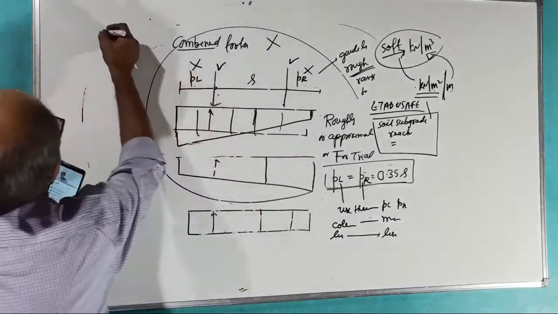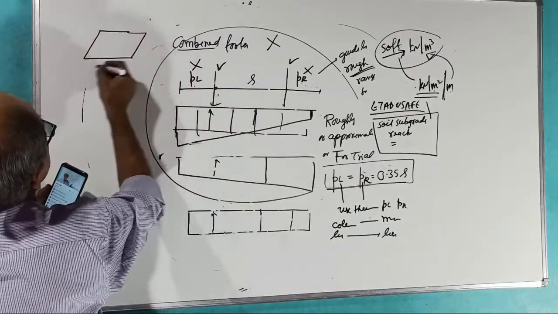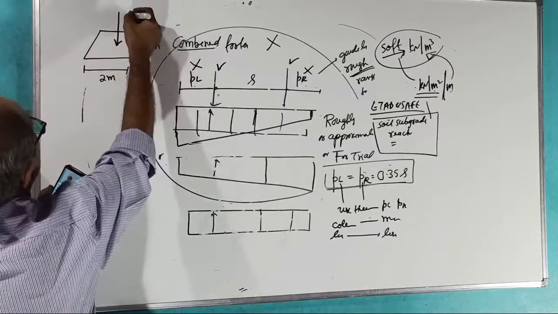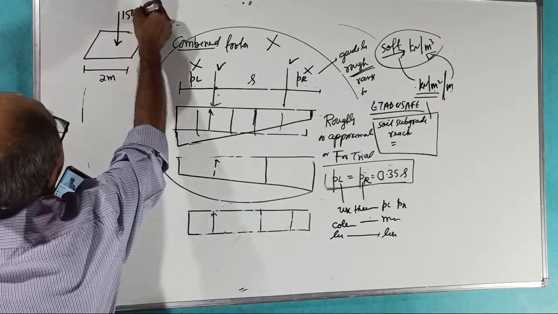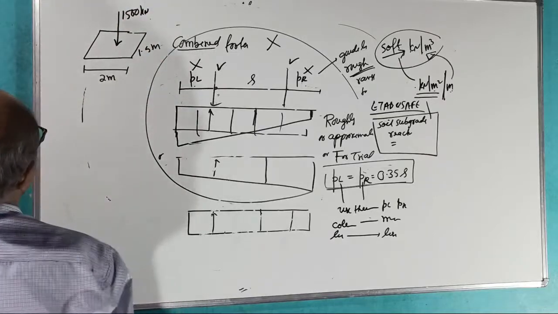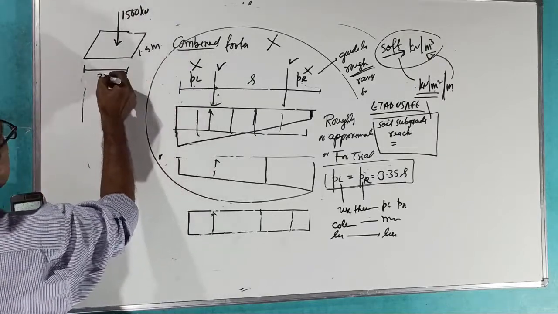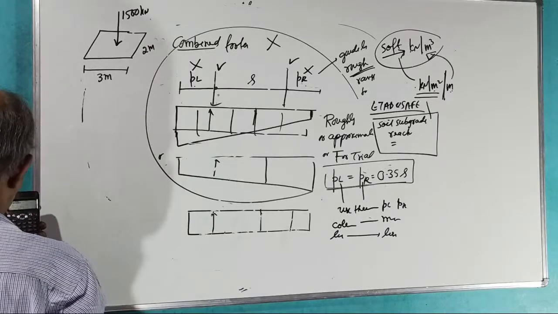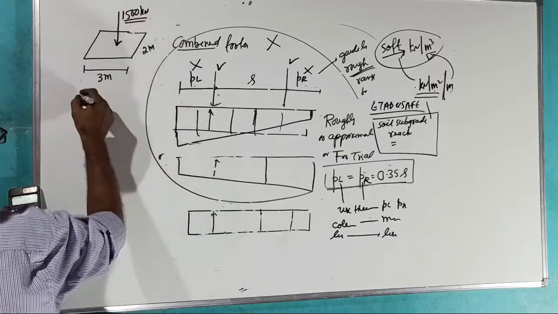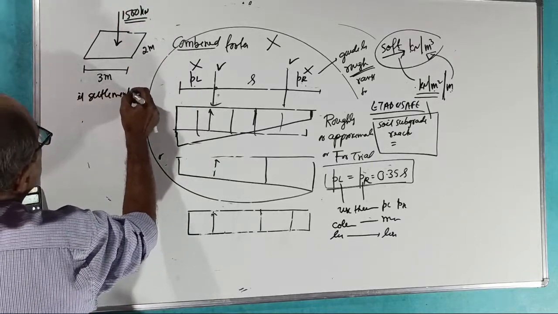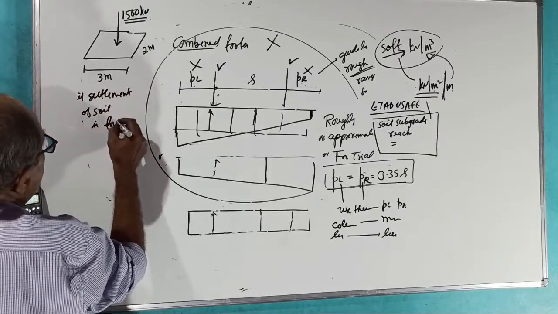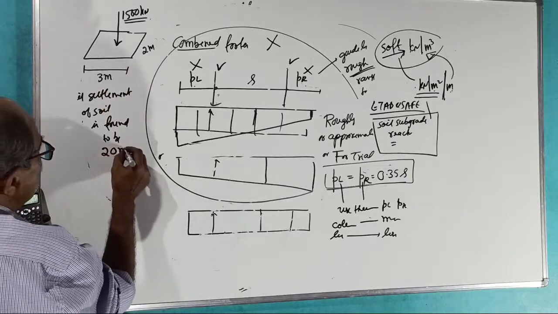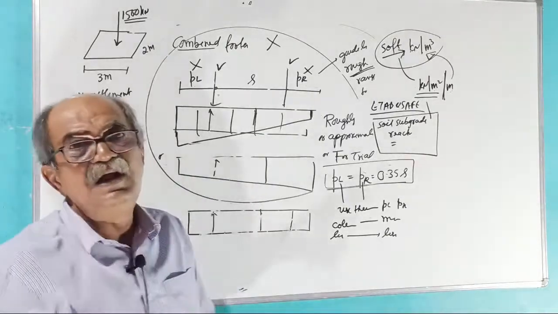For example, suppose an area under uniform pressure, 3 meter by 2 meter, if you apply a load of 1500 kilonewton and the settlement of the soil is found to be, say for example, 20 millimeter, imagine 20 millimeter the soil will settle, it will come down by 2 centimeter.